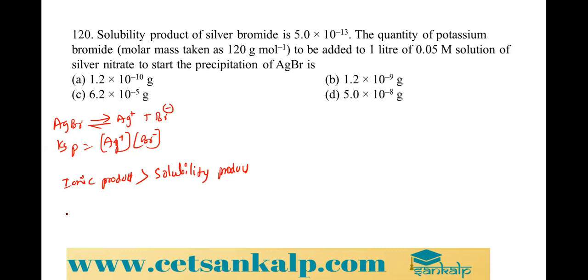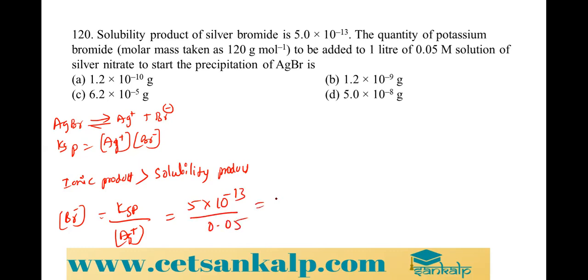So Br minus concentration that must be is equal to KSP divided by Ag plus concentration, that is 5 into 10 to the power minus 13 whole divided by 0.05, that is nothing but 10 to the power minus 11. Now precipitation just starts when 10 to the power minus 11 moles of potassium bromide is added to 1 liter AgNO3 solution.